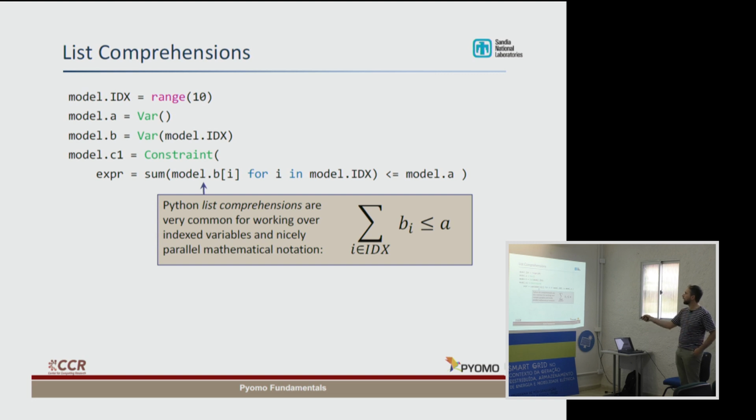So here I will actually have 10 variables: b0, b1, b2, up to b9. And my constraint here is an expression, and here I can make a sum of all the b variables, and I make a sum over the index here, idx.